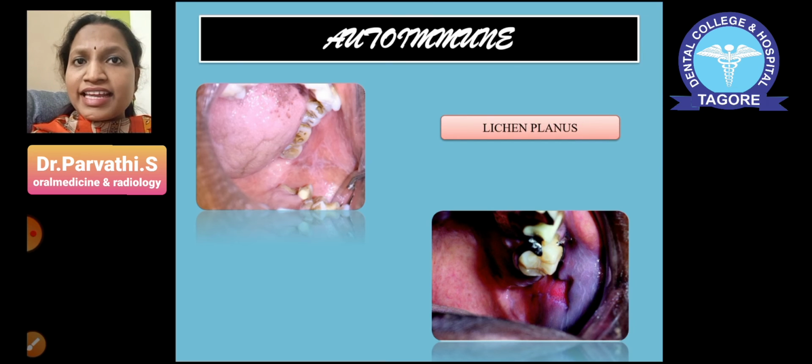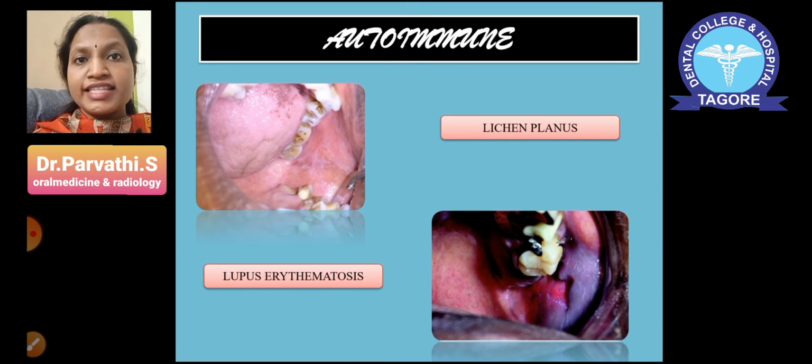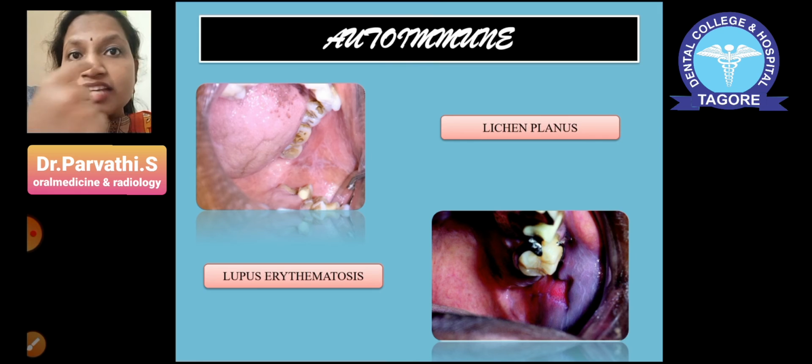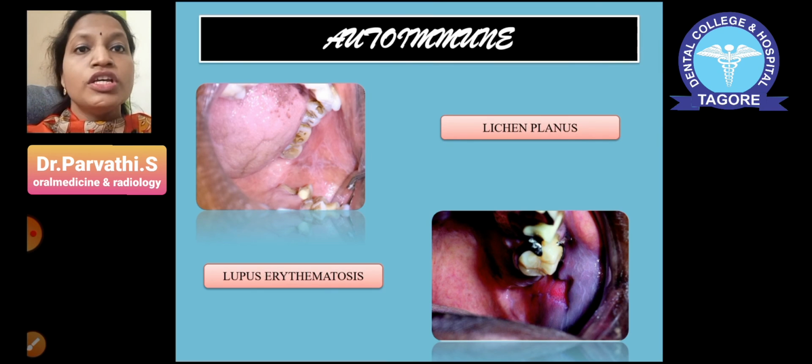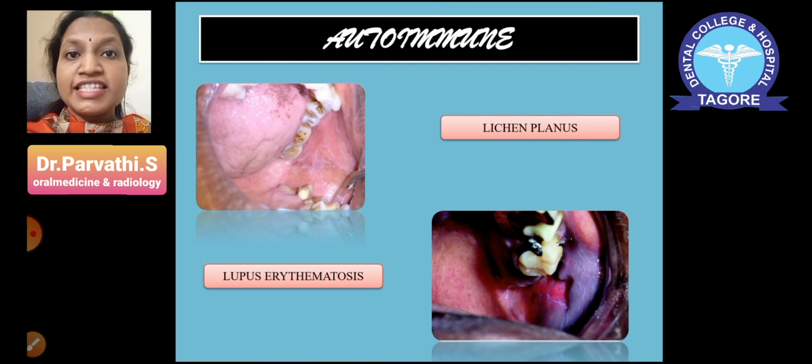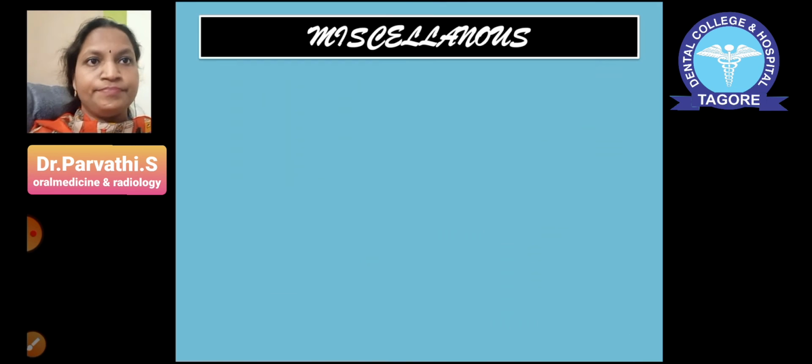This also appears like lichen planus. Clinically it is very difficult to differentiate, but the histopathology showed a case of lupus erythematosus. Systemic lupus erythematosus has a very important pathognomonic clinical feature: a butterfly-shaped rash in the malar region. Here you see a butterfly rash in the patient.